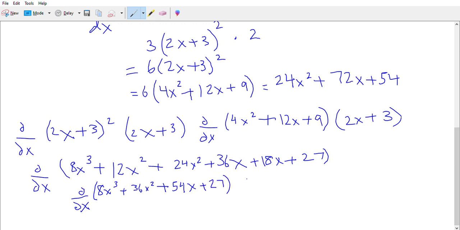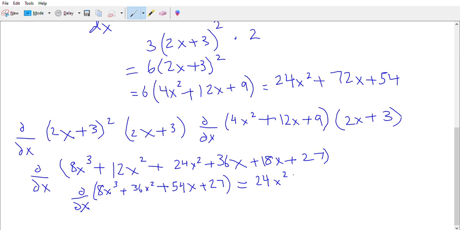So now it's just pretty basic to take the derivative of this. Just using the simple power rules, we'll get the derivative of 8x cubed is 8 times 3, so that's 24, x to the 3 minus 1, which is x to the second power, so 24x squared.